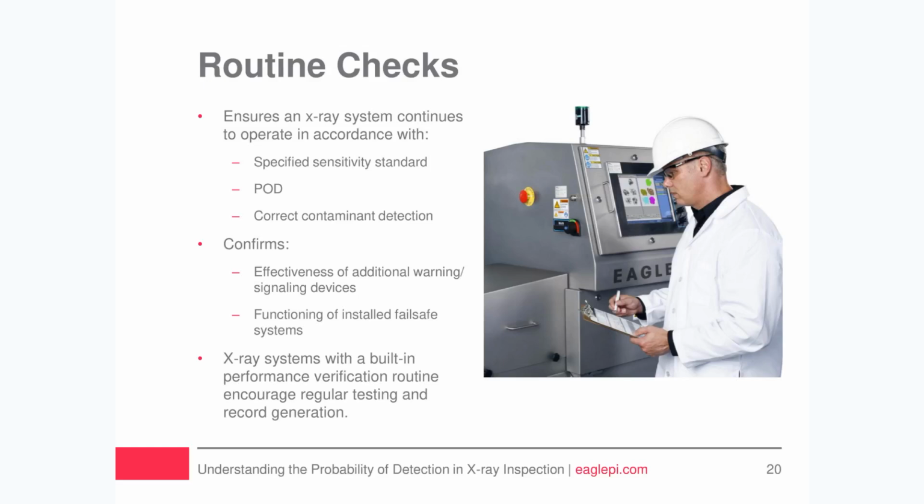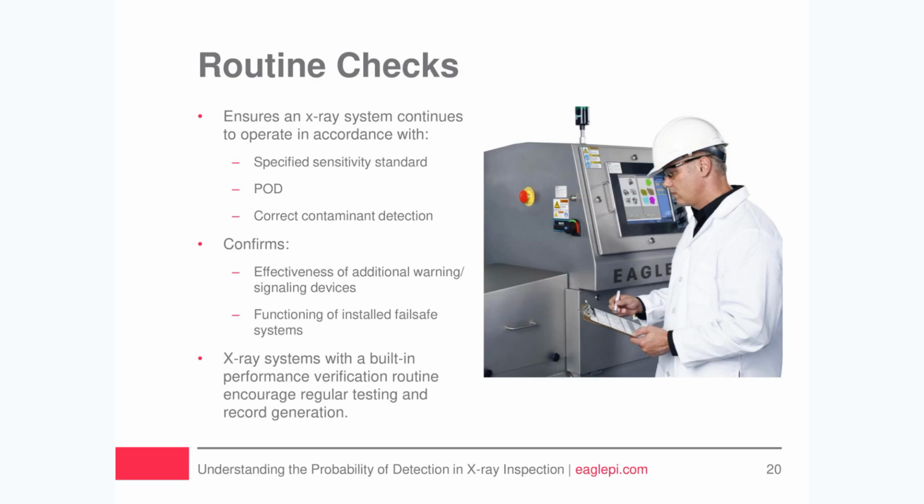Routine checks are essential to ensure an X-ray system continues to operate in accordance with the specified sensitivity standard, the probability of detection, and the correct contaminant detection. Routine checks are also necessary to confirm that additional warning and signaling devices are effective.